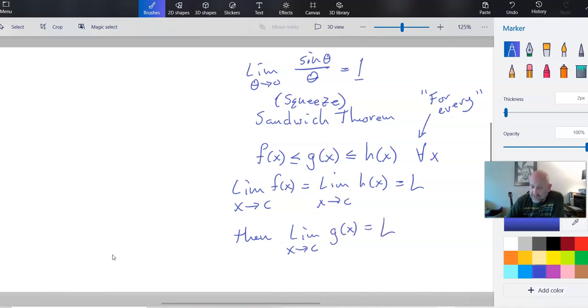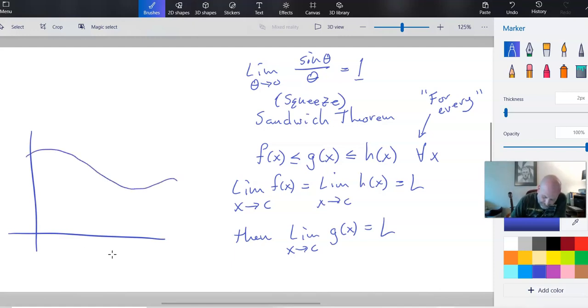Now, let me explain it to you with a picture. Basically, if you have two functions graphed, you have one that goes up here, and another one that does something else. They pinch off together somewhere. So this would be f, and this would be h. These are your outside functions.